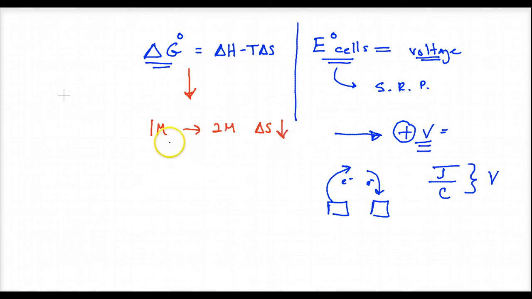As you add more water for the same moles of solute, the disorder increases because there's more room for them. Sorry, I originally said 1 molar to 2 molar; that's not dilution. I should have said 2 molar to 1 molar.